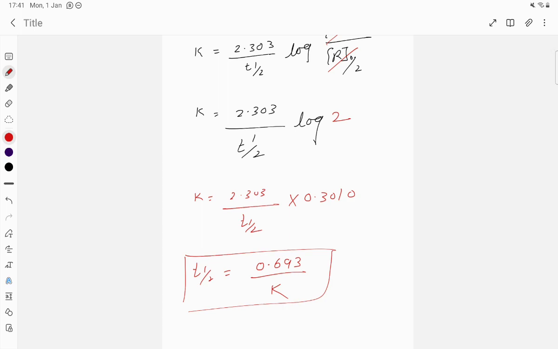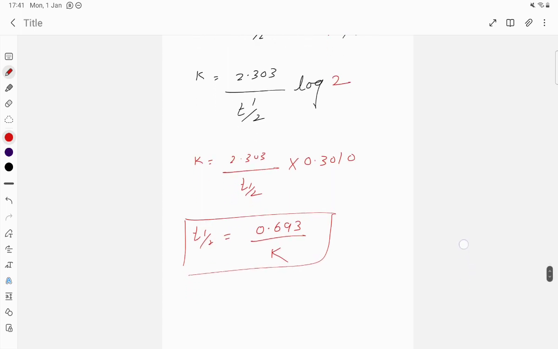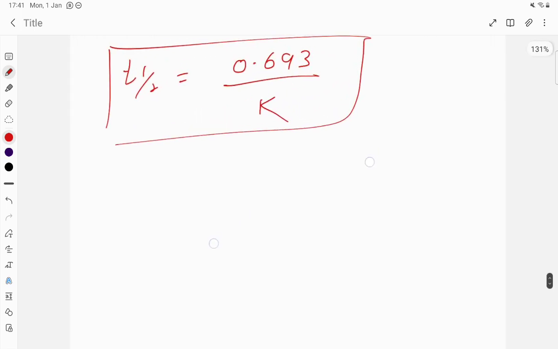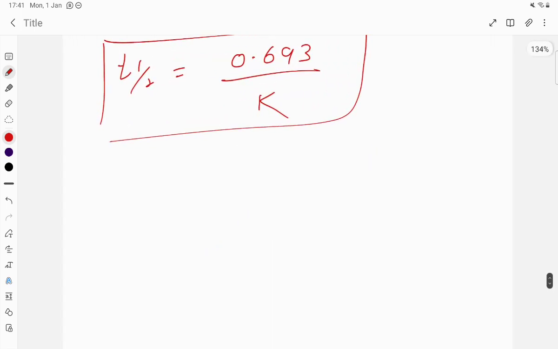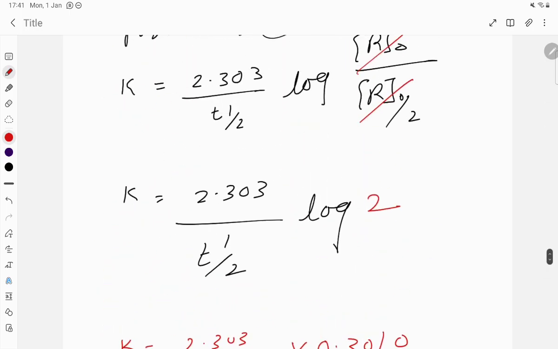Now what we should try to know, student, we should know the graph also. So let us try to understand the graph. Case 1: many graphs are possible, ln r versus time.